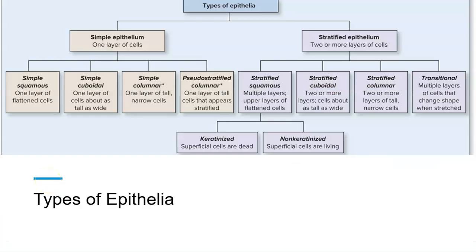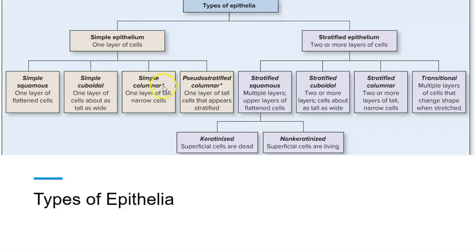And obviously, this slide is just showing you all the different combinations. So the types of epithelial, first of all, we classify by the number of layers. Simple epithelial, 1 layer. Stratified, 2 or more layers of cells. And then you have simple squamous, 1 layer of squishy cells. Simple cuboidal, 1 layer of sort of cube-like cells.